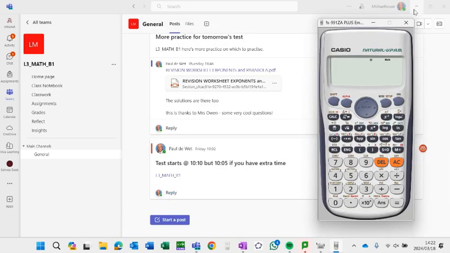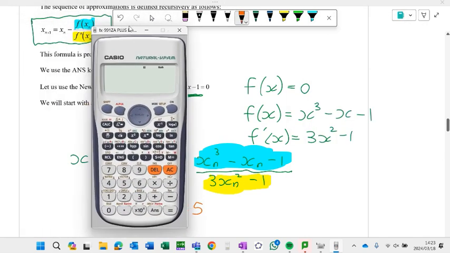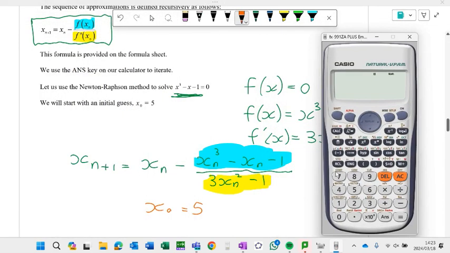So what I'm going to do is put 5 into this formula here. So 5 minus the fraction, 5 cubed minus 5 minus 1 over 3 lots of 5 squared minus 1.